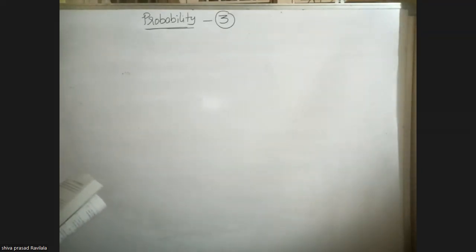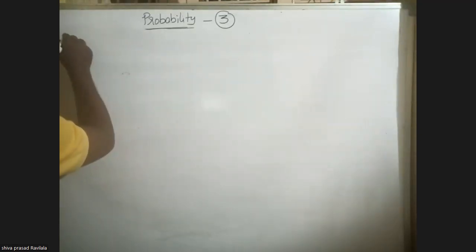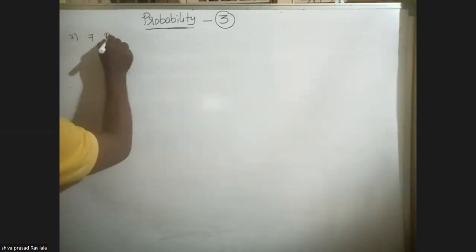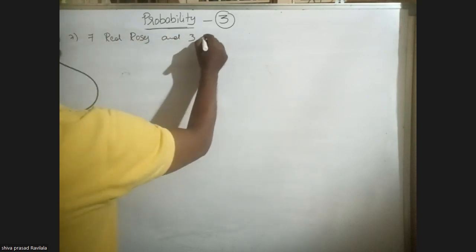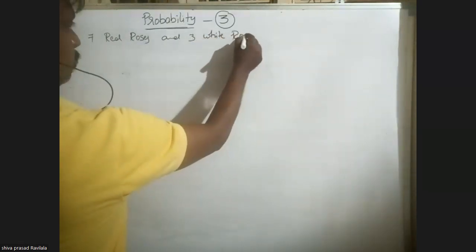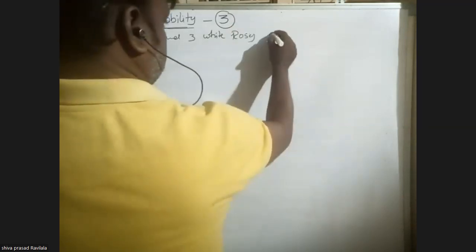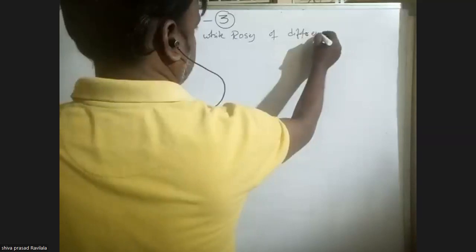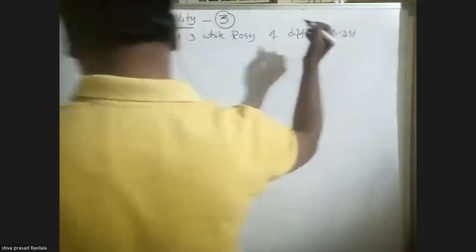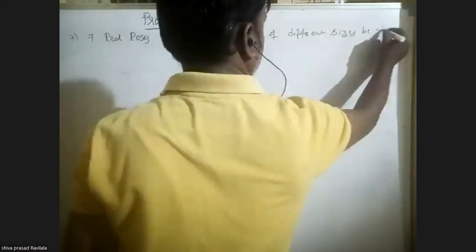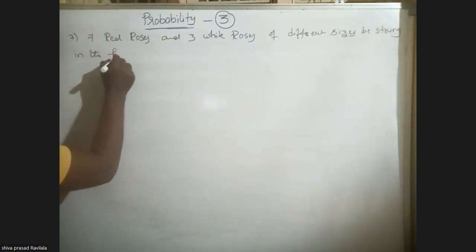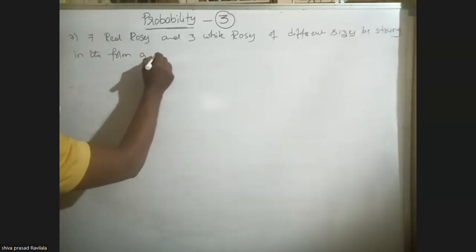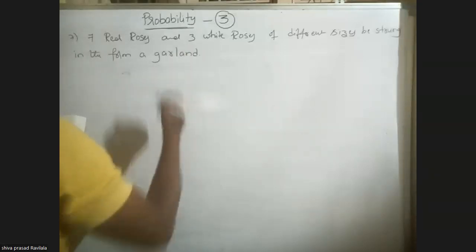One more question. 7 red roses and 3 white roses of different sizes are strung, that means form a garland, strung in the form of a garland at random.